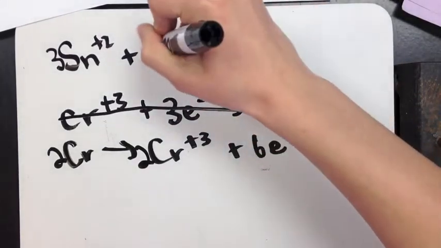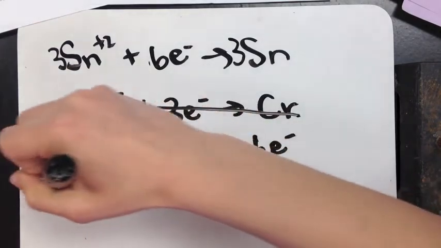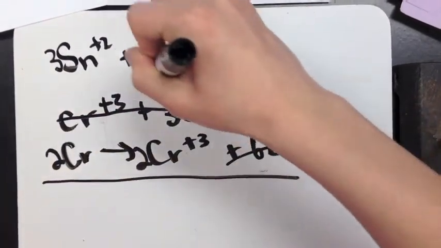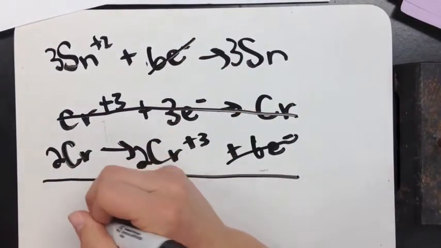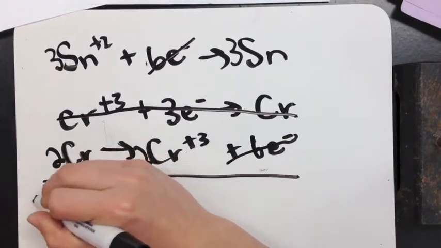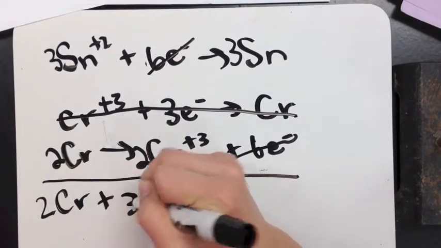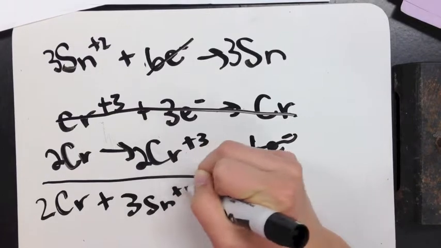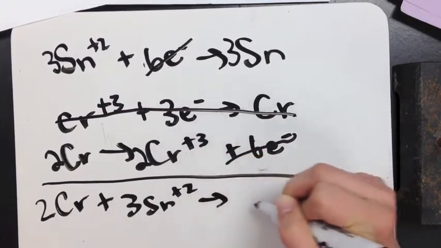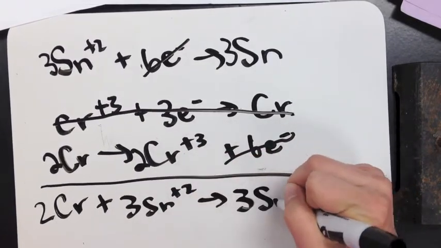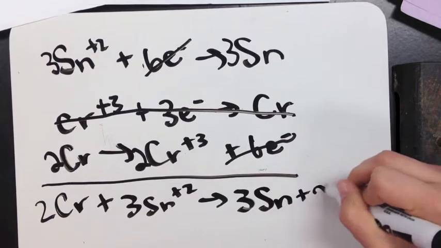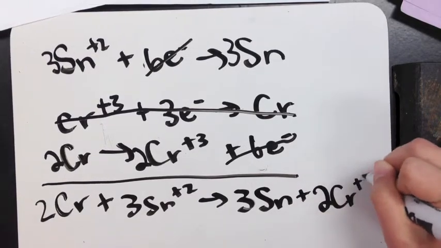We're using 6 electrons overall, and they will be canceled out. The balanced net ionic equation is 2Cr plus 3Sn2+ yields 3Sn plus 2Cr3+.